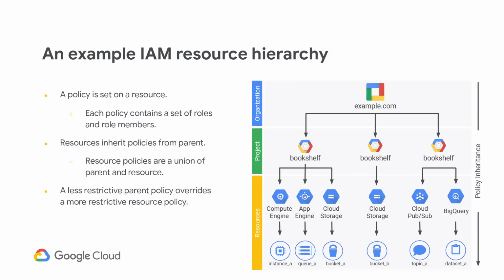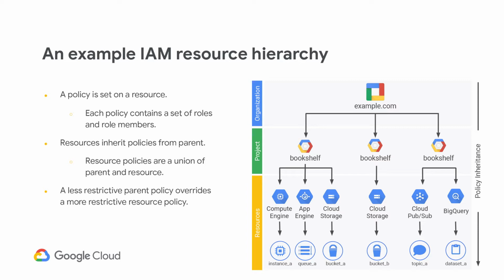So here is an example of how you might organize your resources. There are, for example, here 3 projects, each of which uses resources from several Google Cloud services. In this example, we haven't used any folders, although we may have put projects into folders if that became helpful for my needs.